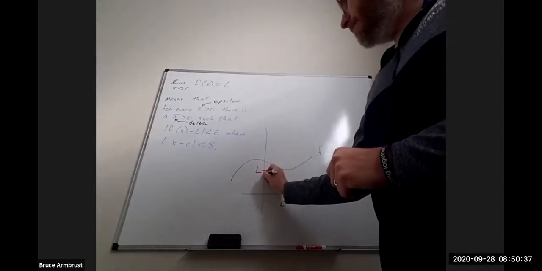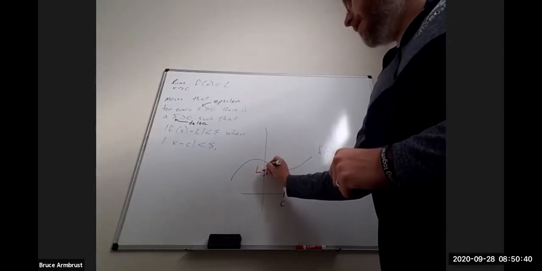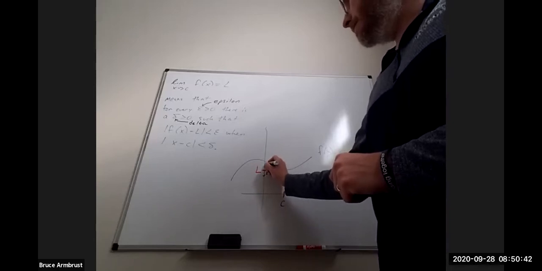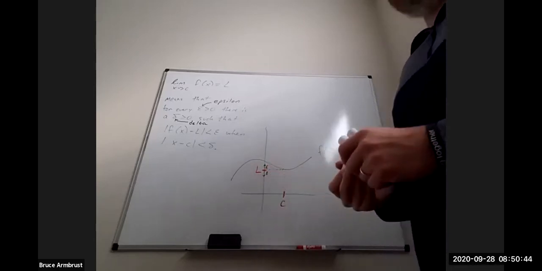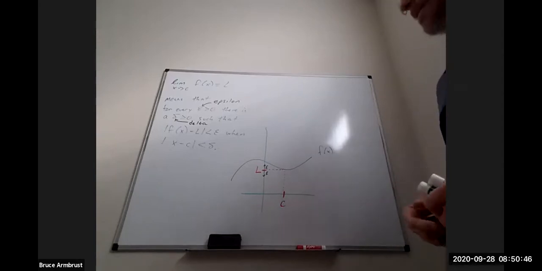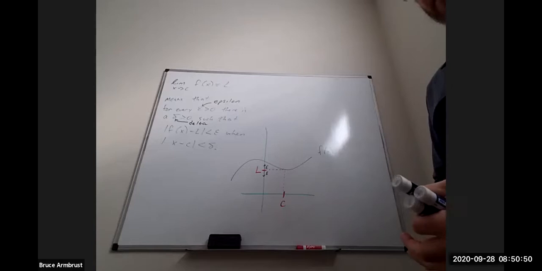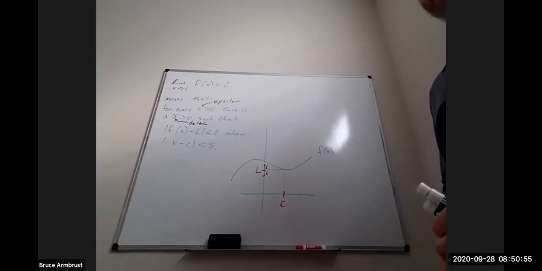Epsilon is a distance that we go up and down from our L. So you can think of it as a tolerance.